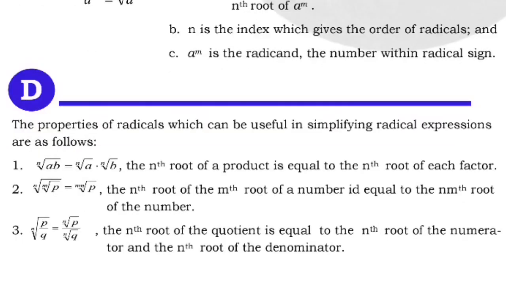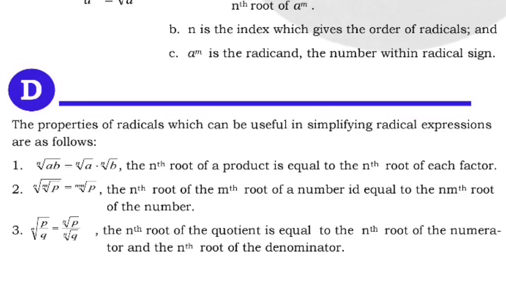Then there are properties being used in simplifying radical expressions. The first one is nth root of a times b equals nth root of a times nth root of b. The nth root of a product is equal to the nth root of each factor. Number 2, nth root of mth root of p is equal to n times m root of p, or we can have this as mth root of nth root of p.